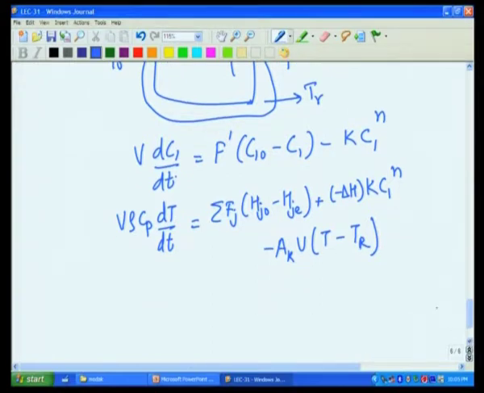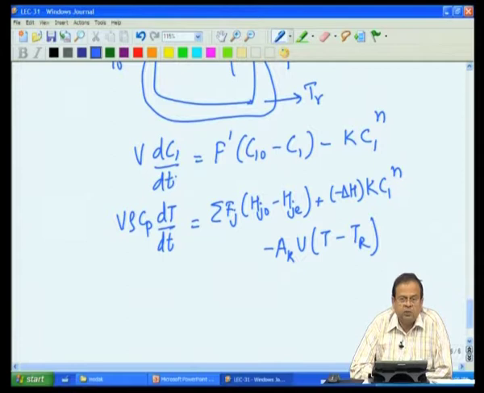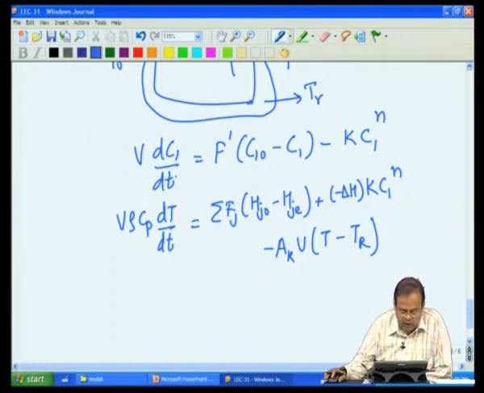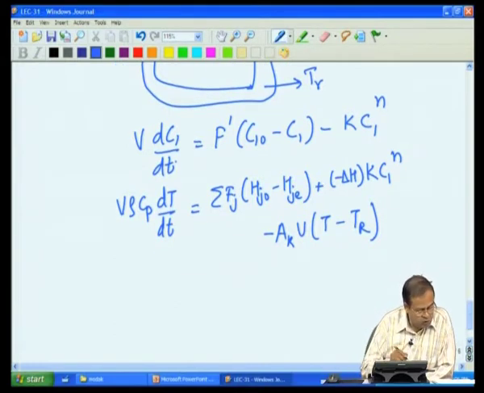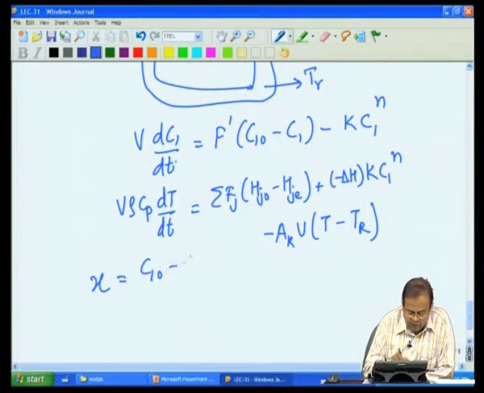Okay. So, to these mass balances, we will write Hj0 minus Hje as Cpj times T0 minus T and so on, and we will use the same dimensionless parameters as before.